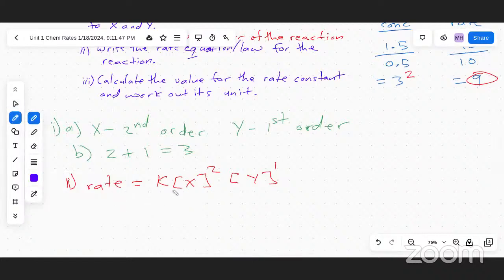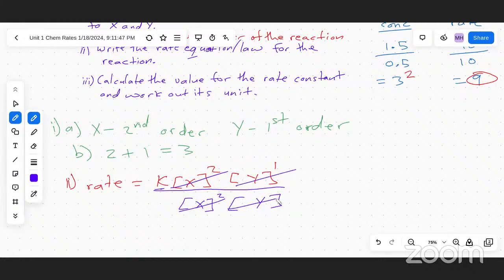If rate is equal to K X squared Y, and we're calculating K, I need to get rid of X and Y. So I'm going to divide this side of the equation by X squared as well as Y. And whatever I do to this side of the equation, I will also do to the other side.